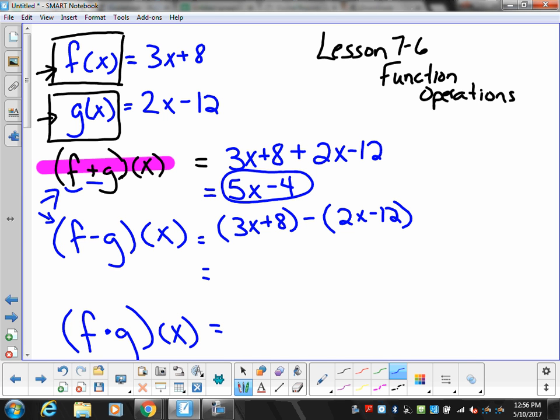So it's that same process. You have f minus g, and so we're going to subtract those, but it's a combining like terms thing again. So we have 3x minus 2x is just x, and then 8 minus negative 12 is a positive 20. So we end up with x plus 20.